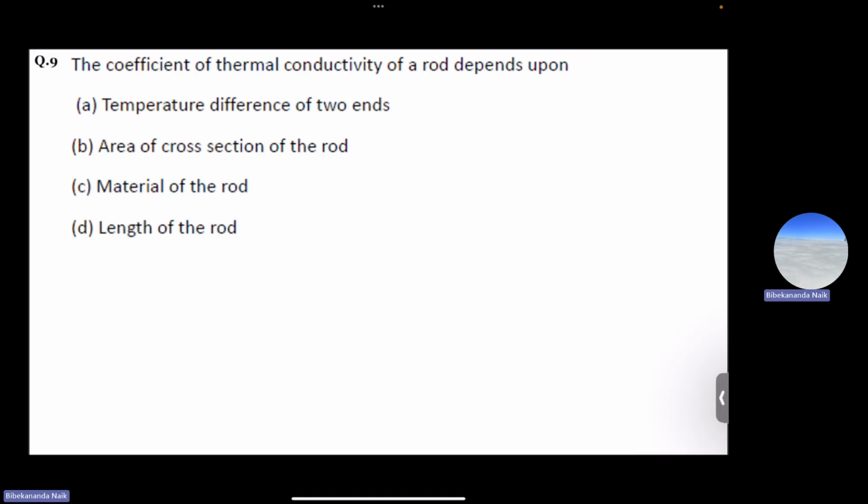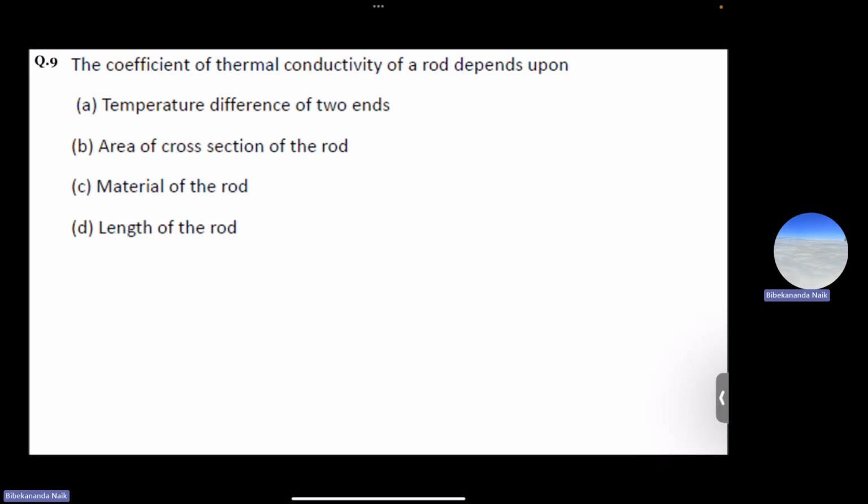Question number 9 says the coefficient of thermal conductivity of a rod depends upon: option A, temperature difference of two ends; option B, area of cross section of the rod; option C, material of the rod; and option D, length of the rod.